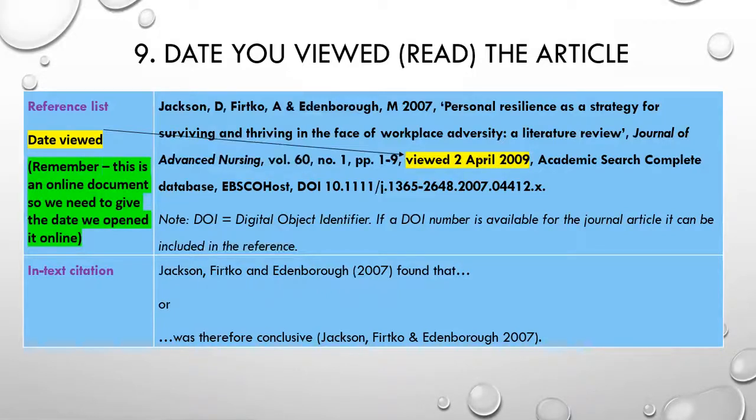Please note the order of how these days and months and years are written, and that you must write it as viewed 2 April 2009. Don't say viewed on or read, and don't write second. Just write it as they have here.